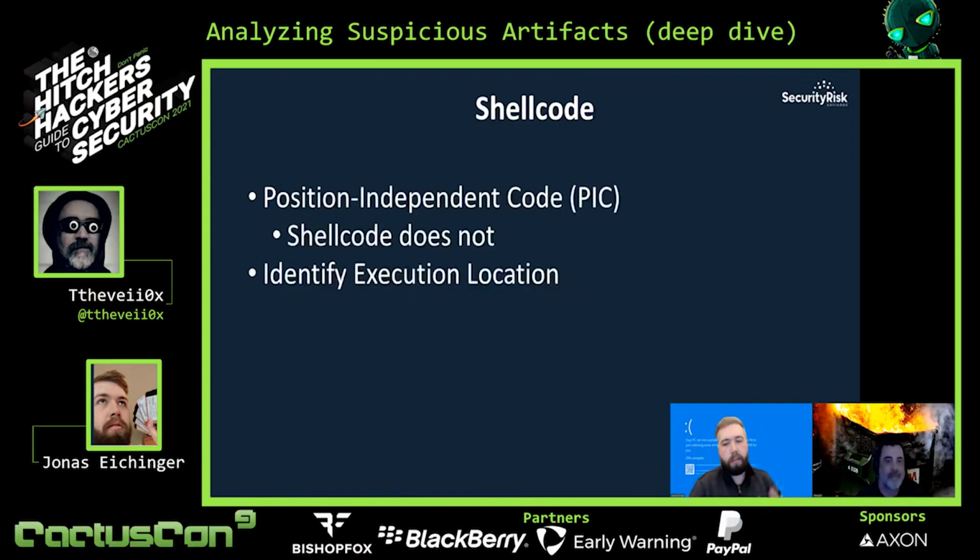And if we look at shellcode from a technical perspective, we're looking at position independent code. So the shellcode, when it gets executed, can't always assume that it's going to be executed from the same block of memory. It's going to be injected at different times into different types of applications, and it's going to be hard coded for that instance.